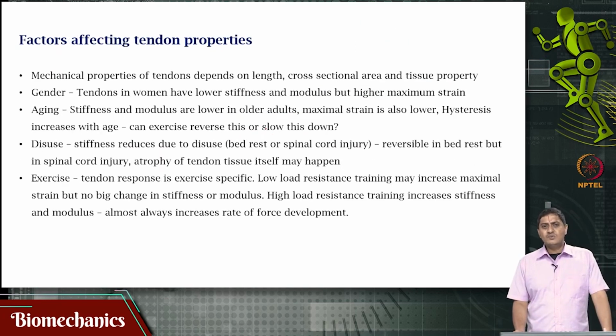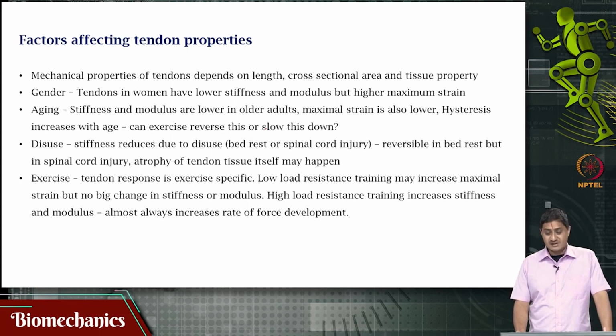A question is, what are the factors that affect mechanical properties of tendons? Well, mechanical properties depend on many things. For example, it depends on the length of the tendon, slack length or elongated length, or how much strain it can take.